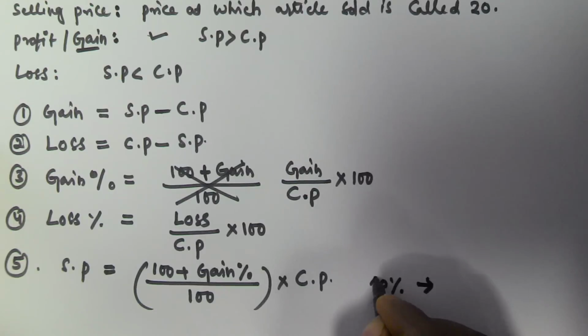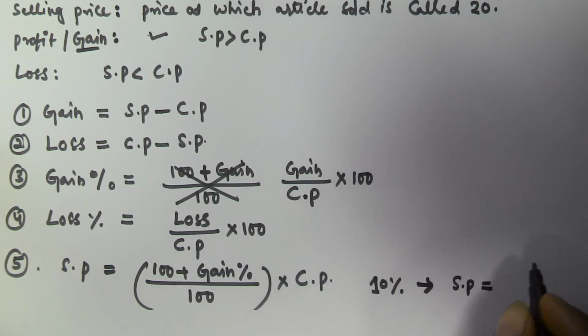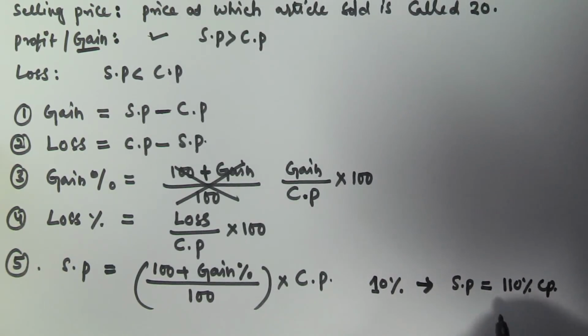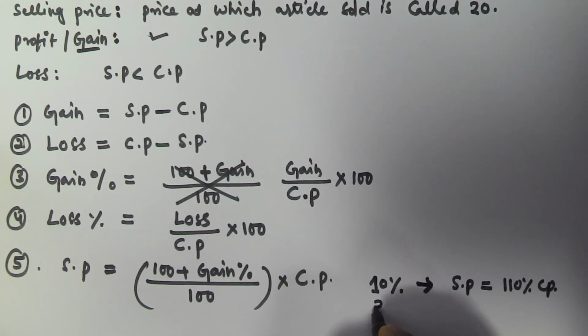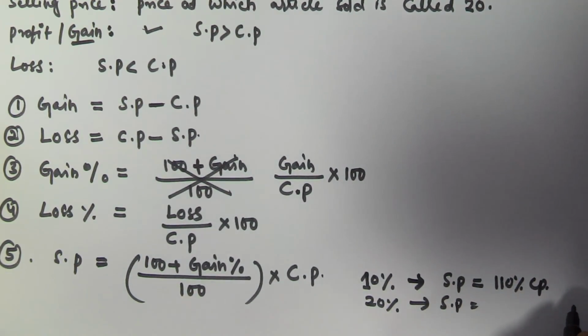Then his selling price is going to be 110 percent of the cost price. If he got 20 percent gain, then his selling price is going to be 120 percent of the cost price.